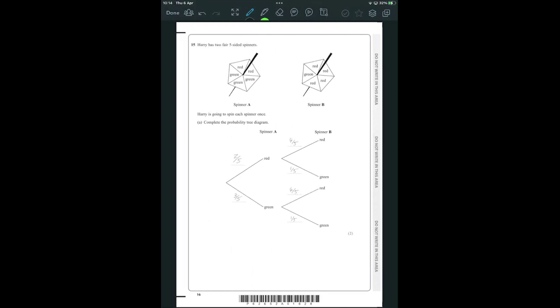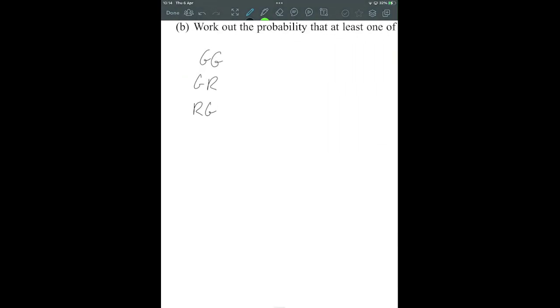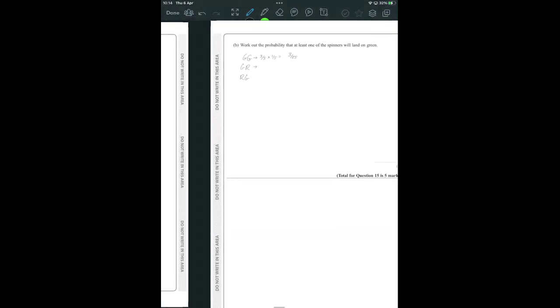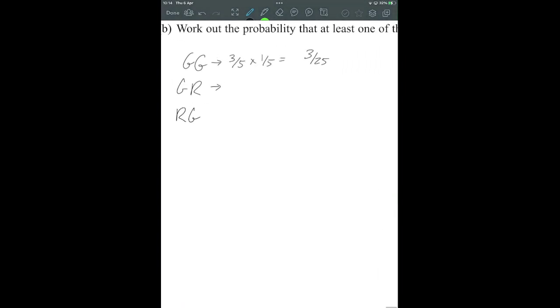Now green, green is along the bottom of my picture, 3/5 times 1/5. Green, green is 3 out of 25. Green, red is 3/5 times 4/5, which gives me 12 over 25.